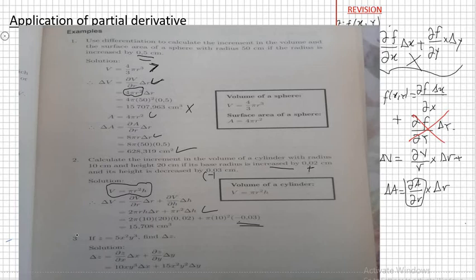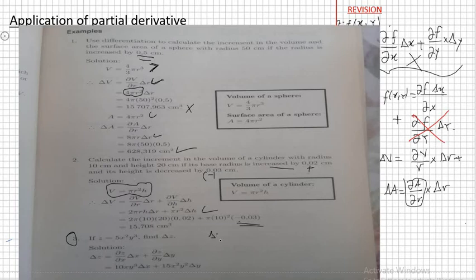So we have another question here. If z is equal to 5x squared y to the power of 3, they want you to find the change in z. So we still use the same principle.